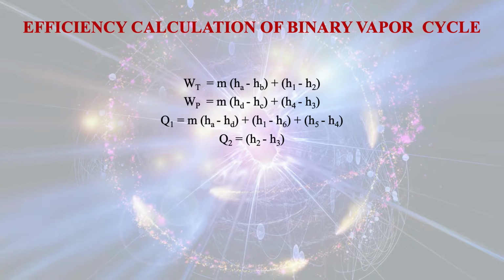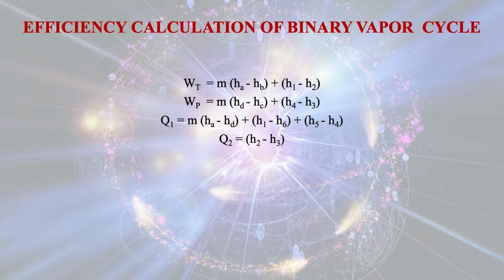For calculating efficiency, you know very well that efficiency is defined as output by input. What is the output? Output is the net work done by the turbine and the pump. So WT is the work done by the turbine, that is equal to m within bracket (HA minus HB) plus (H1 minus H2).